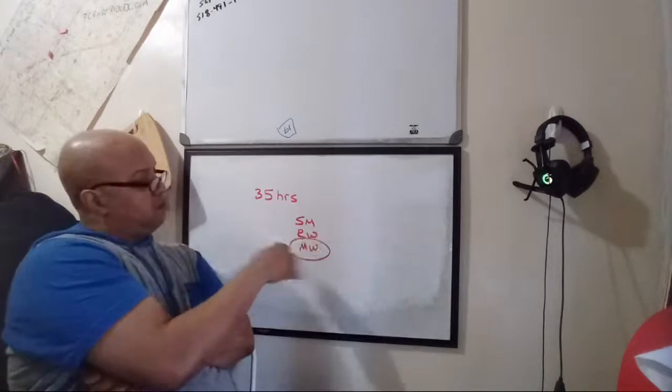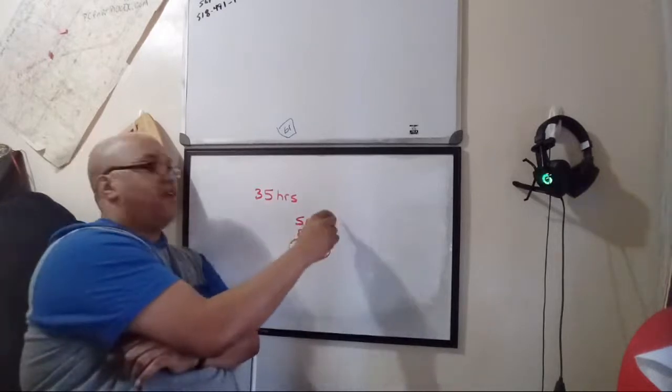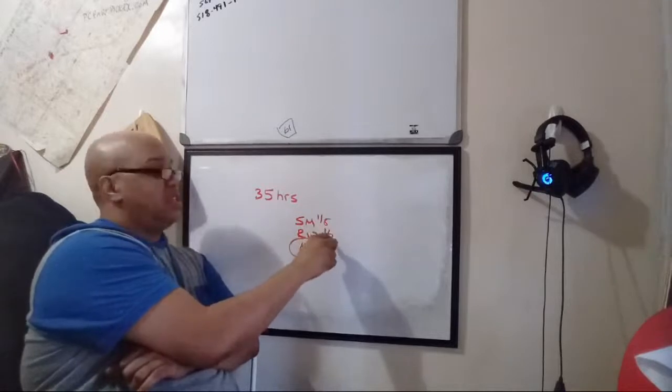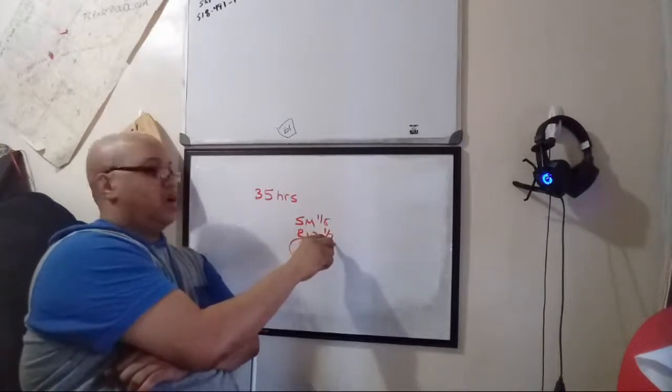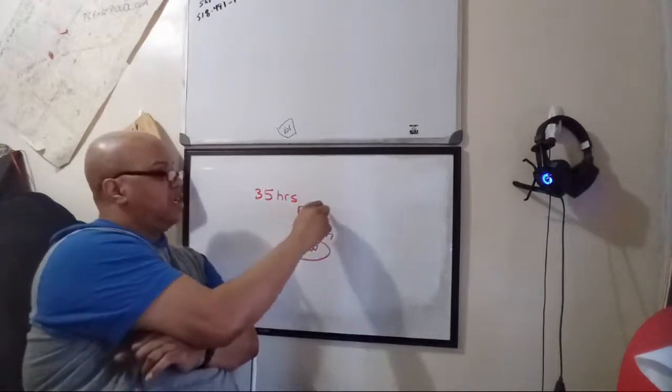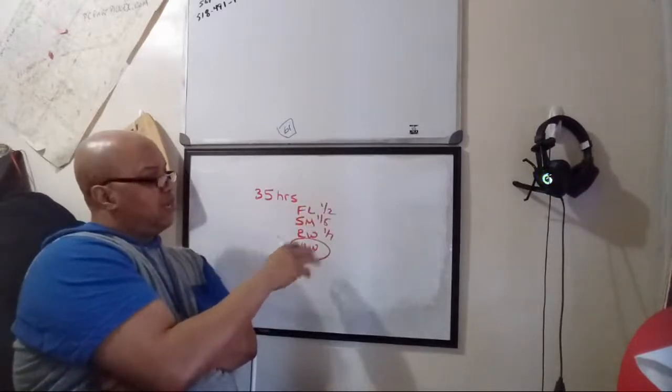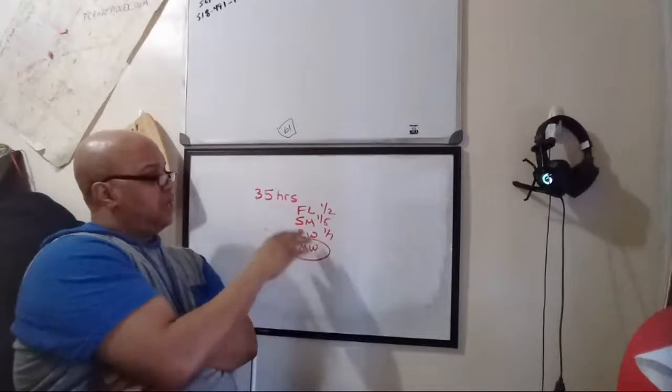So, as I look at this, what we got here are fractions: 1/5 sorting mail, 1/7 reception work. We forgot filing letters. It's half of this time. Don't be scared of the fractions.